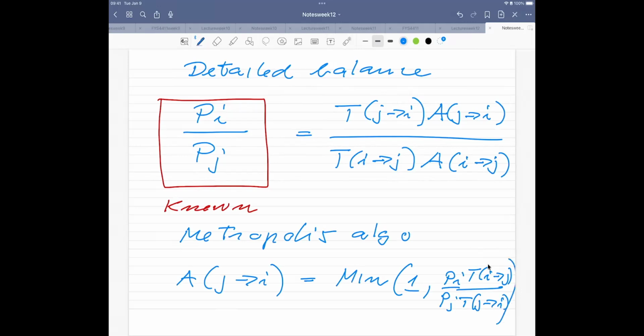As I said, if it's reversible, then this term just becomes equal to 1, and you just need to look at the ratios between the probabilities. Okay? This is the Metropolis algorithm. I have other courses where I derive this in full detail, but now I'm just going to state it, because else we would never end.